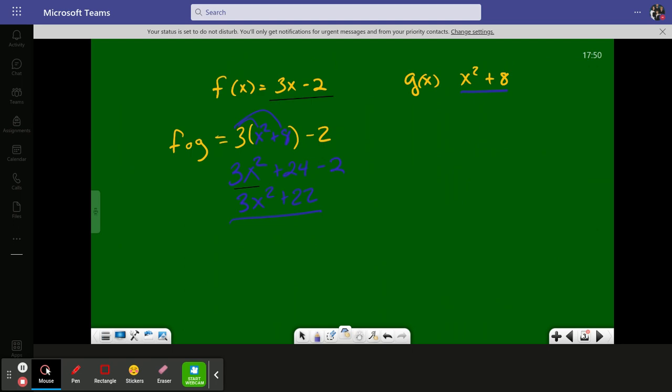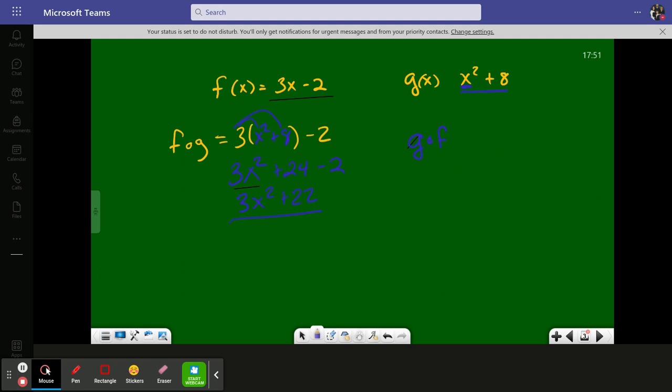So if I'm doing g of f, that means that this x, just this x right here, is going to become 3x minus 2.